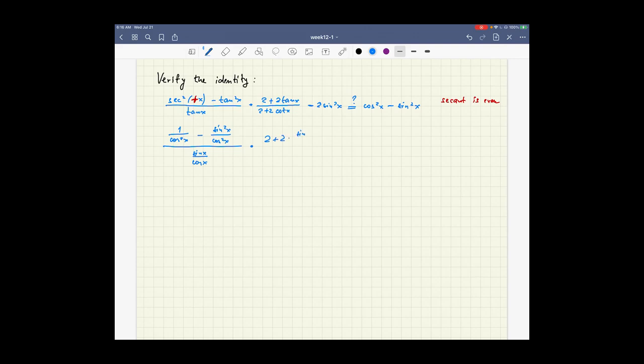Here we have sine over cosine, and here we have cosine over sine. Minus 2 sine squared x allegedly equals cosine squared minus sine squared.